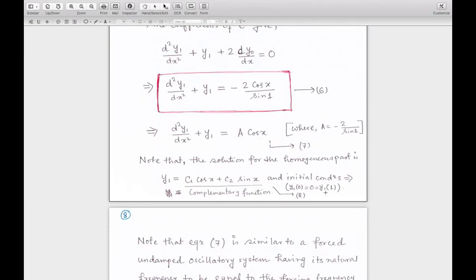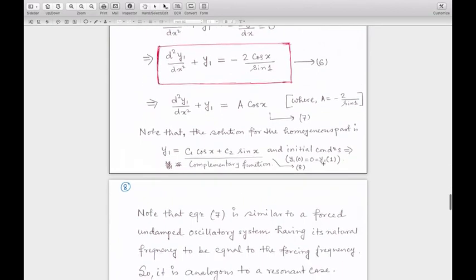But remember one thing: directly using these initial conditions here, please do not try to evaluate C1 and C2, because you don't have the total solution for y1 now. You can use the initial conditions only when you have the particular solution also in hand and you have the total form.